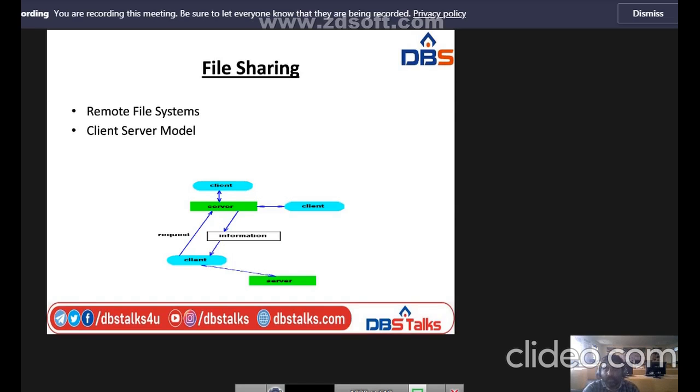Next we are going to talk about one more model, that is the failure model. Here in this failure model, local file systems can fail for a variety of reasons, including a failure of the disk containing the file system, corruption of the directory structure or other disk management information, disk controller failure, cable failure and host adapter failure.